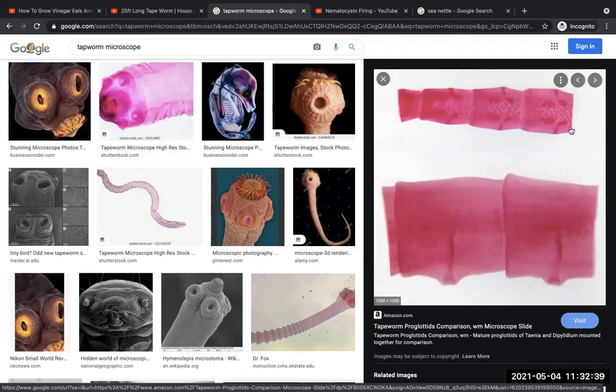I don't know if those dots are representing eggs. So it just comes off, and then it releases the eggs, and then more of these can start growing. This is one of the reasons they don't use human poop for human sewage for fertilizing crops and stuff, because there can be all kinds of diseases there.